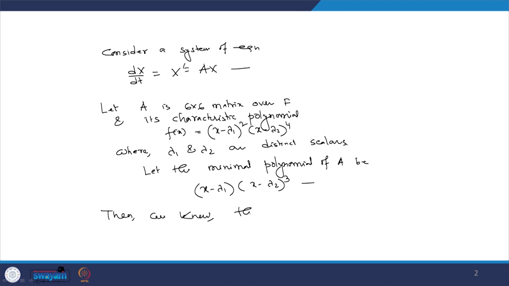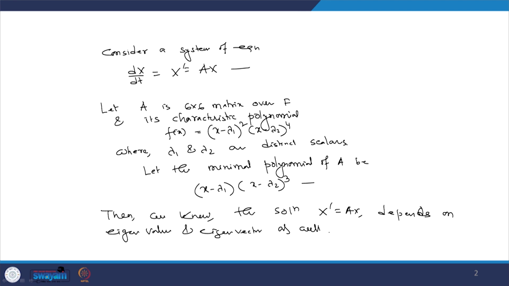the solution of x dash equal to Ax depends on eigenvalue and eigenvectors as well as generalized eigenvector.